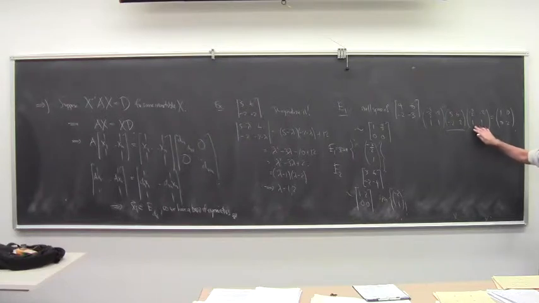Notice, of course, if I'd used the columns in the opposite order, then I would have gotten a 2 here and 1 here.